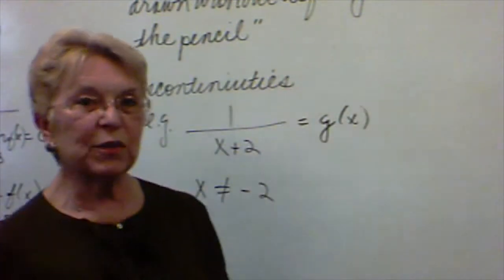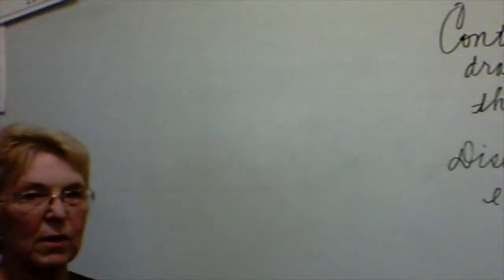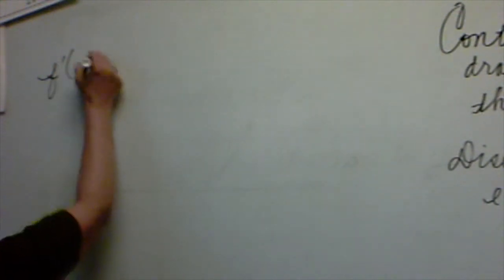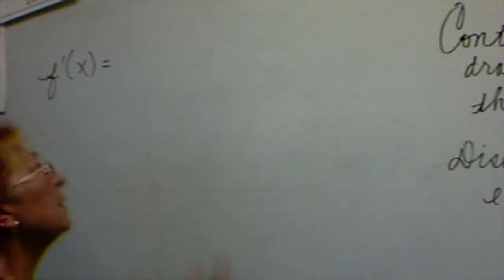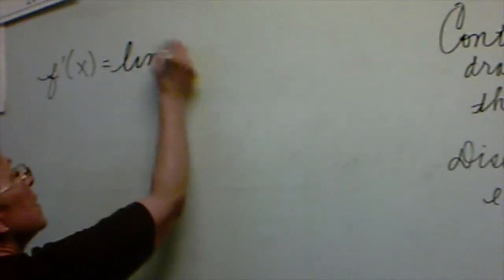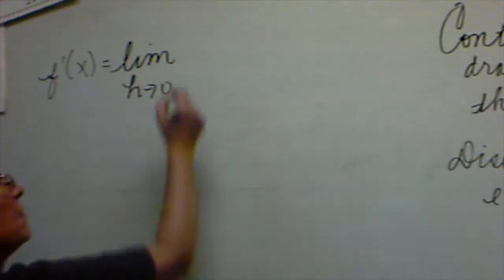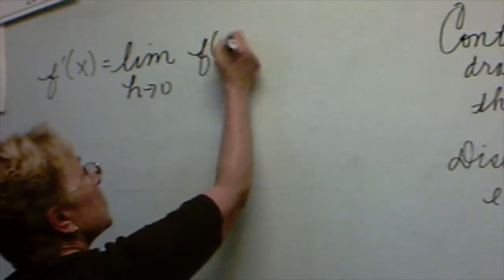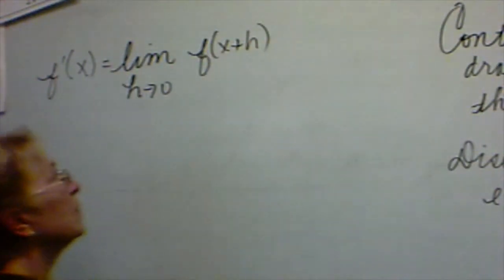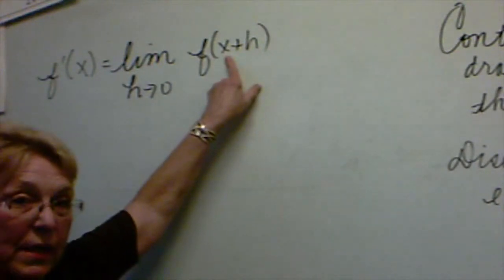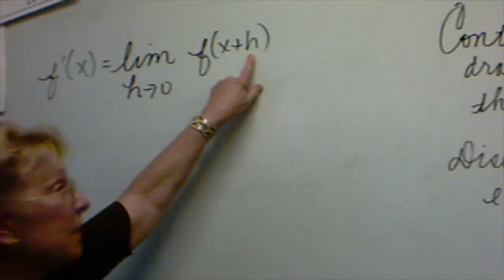Next, definition of a derivative. All right, in every calculus book in the whole world, it says that the derivative is defined as the limit as h approaches 0 of your functional value where x used to be inputted. Now we're going to add just a little bit to it.